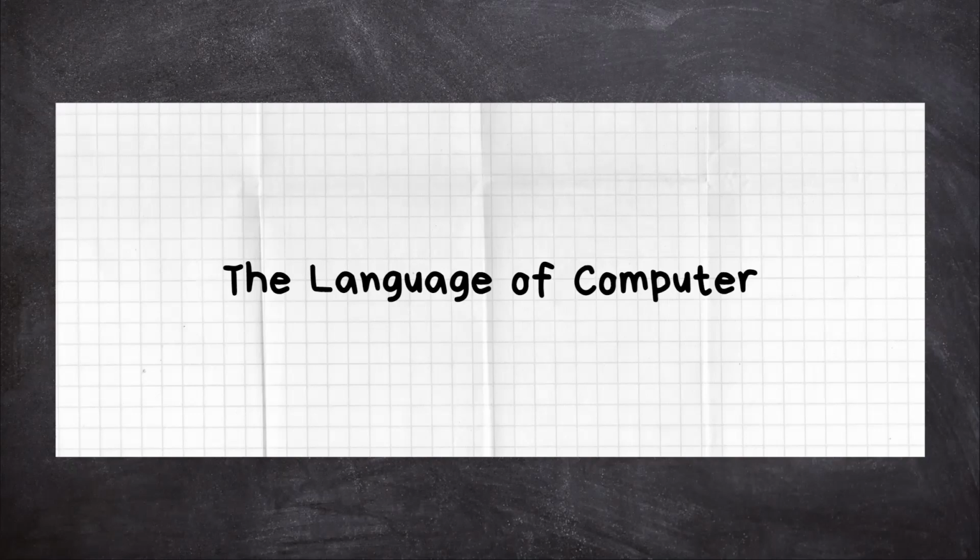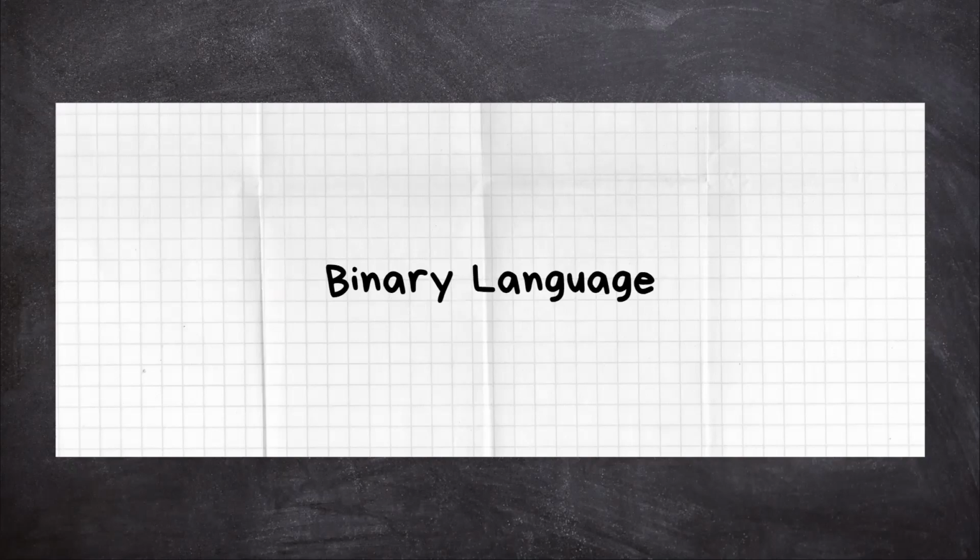The computer does not understand the languages understood by humans. It has its own language that it understands. The data that you store inside your computer, the computer stores it in its language. What is that language? The language of computer is known as the binary language.